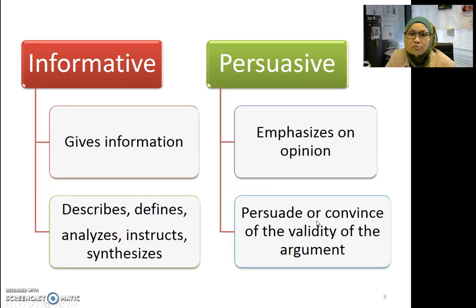It's not argument as in altercation, but more coming up with your case. What can you say to make your claim sound valid? Okay, you ready?